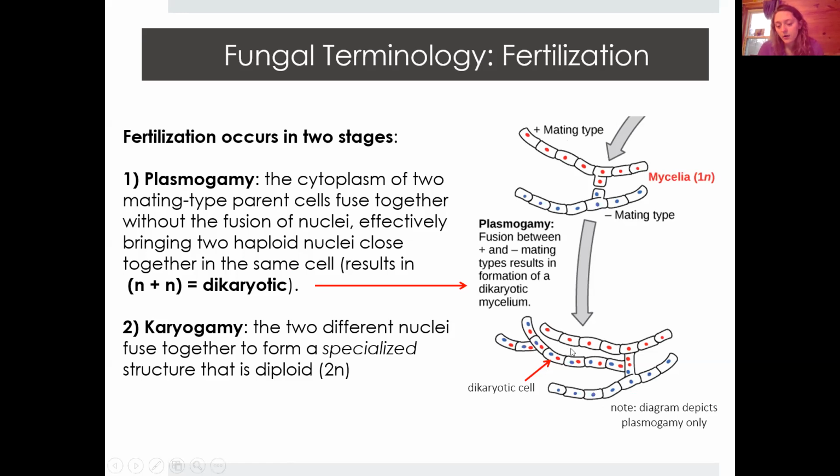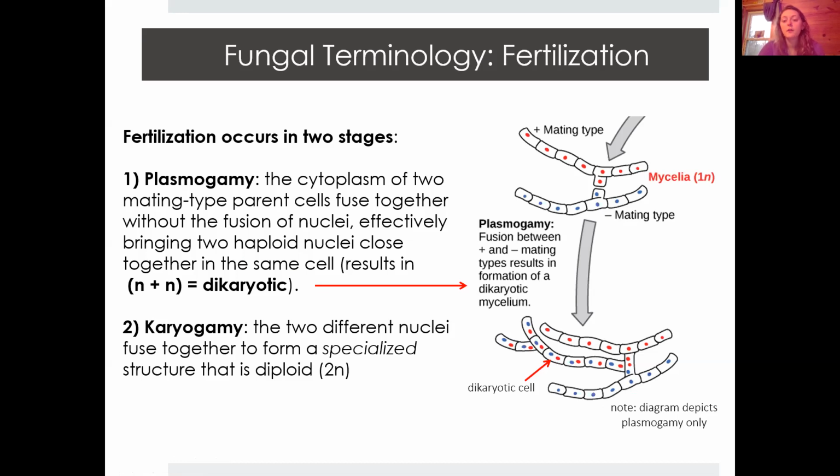You can see how there's a dikaryotic cell right here, with some of the blue nuclei and some of the red nuclei before they have fused together. So there's still N plus N here. And then karyogamy is when those two nuclei are going to fuse together to form a specialized diploid structure. The diploid structure is 2N that you think of normally.